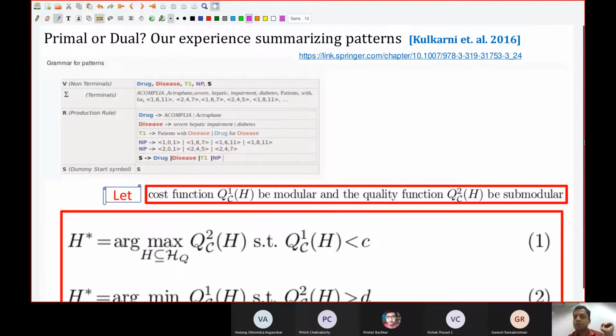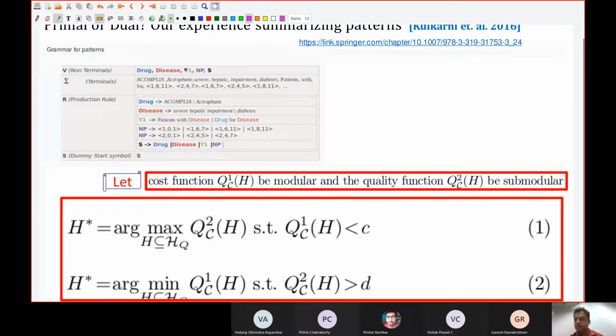Right, so our goal was as follows. Given all these, I've abstracted all of these at the top. Our goal was that there is a cost function QC1 H, which is modular, right? This cost function could be, say, size or cardinality, and let's take the cardinality of the patterns as a concrete example.